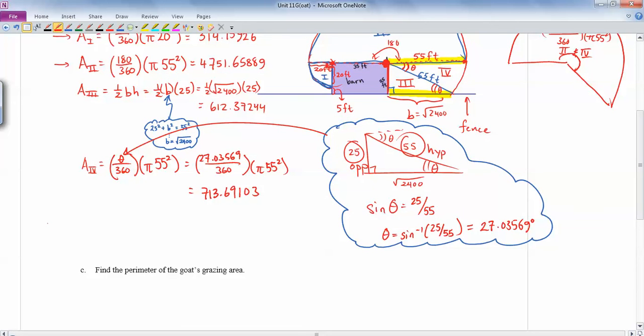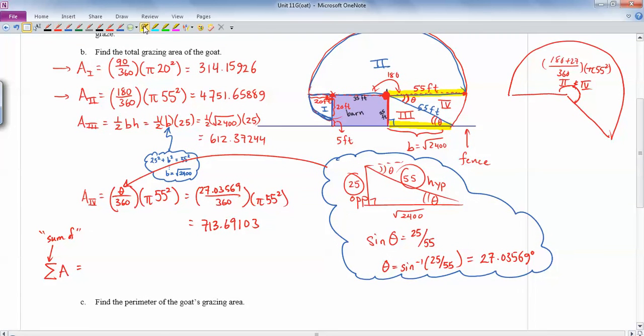What we need now is the sum of all of those 4 regions. The sum, remember this means sum of, it's the Greek letter sigma, sum of all the areas is going to be this plus this plus this plus that.